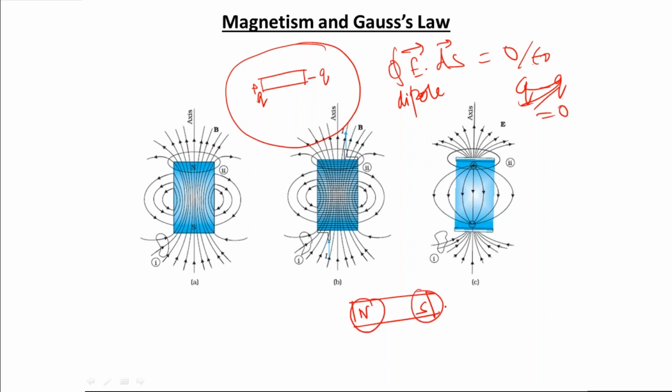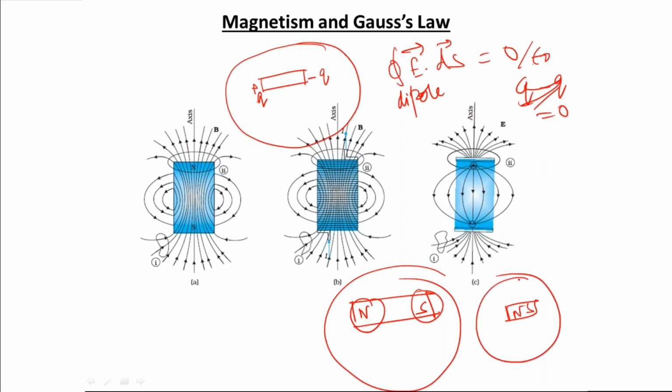If you draw a dipole, north and south, and enclose it with a closed surface, the flux due to this dipole will be zero. So the mathematical expression is B dot ds is equal to zero. This also indirectly tells you that monopole does not exist.